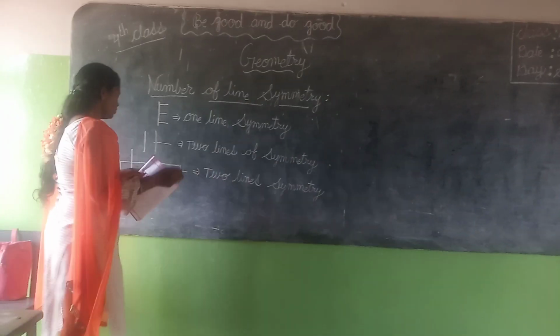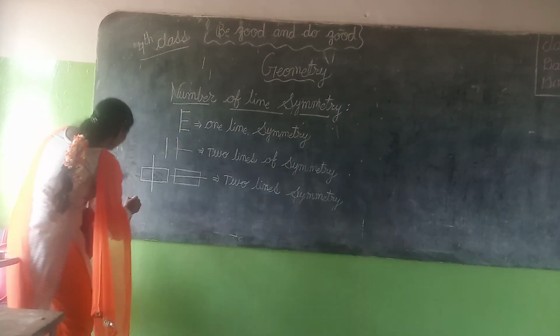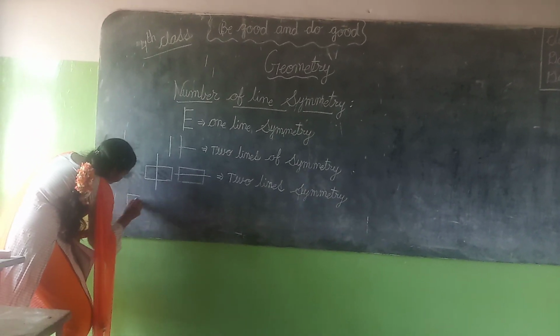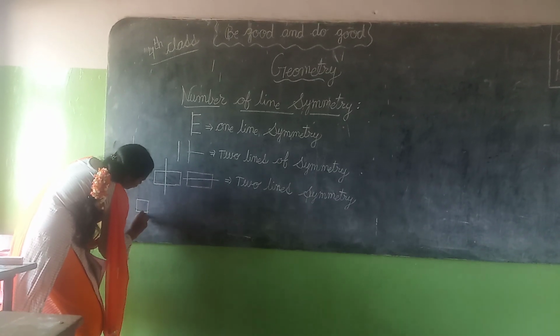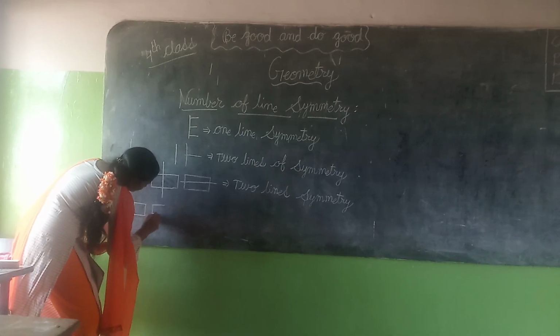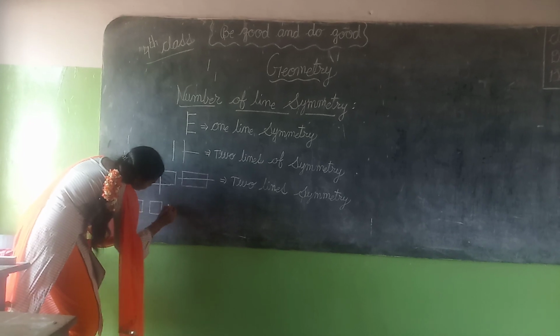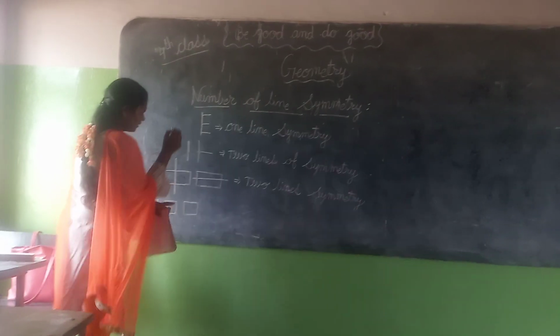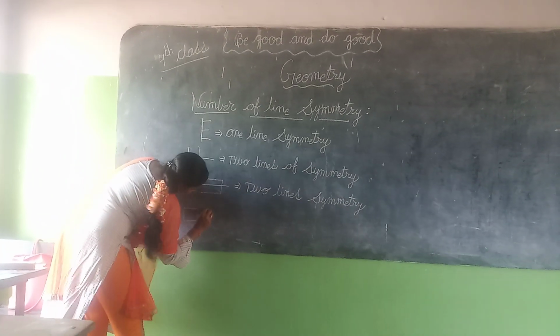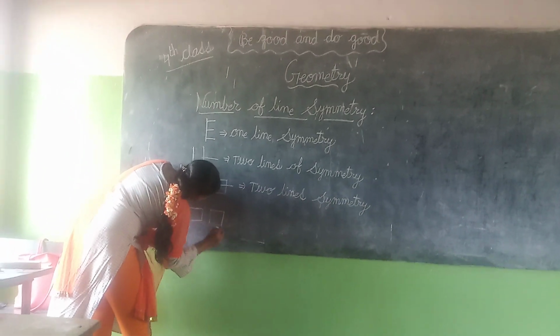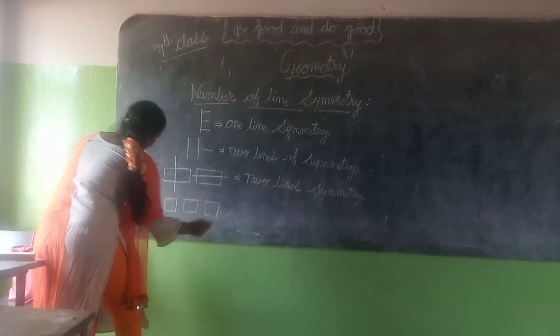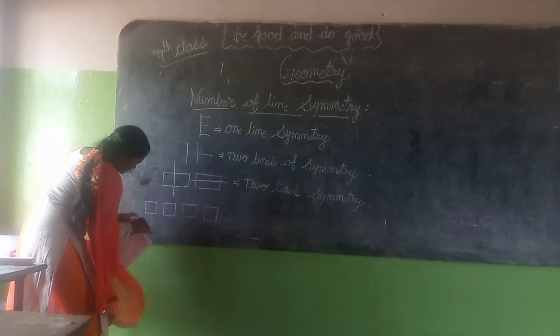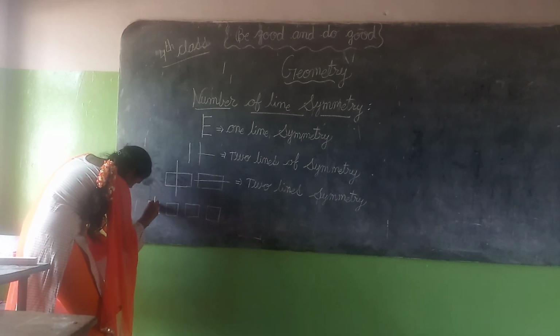Next, the square. We draw a square. A square has four sides equal. We draw the square four times. First we draw the vertical line.